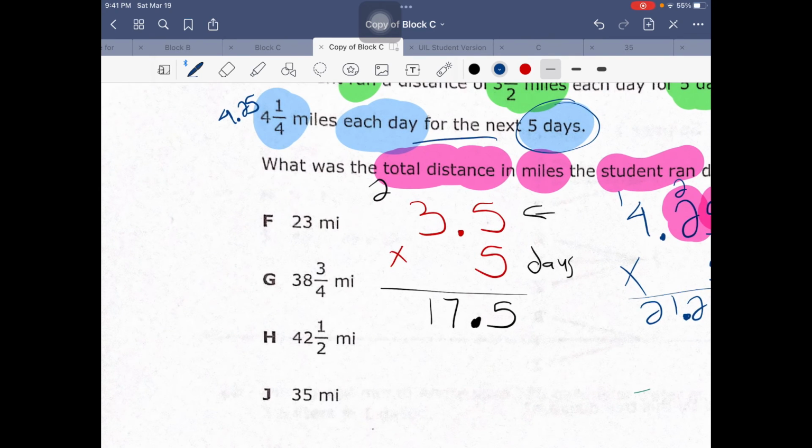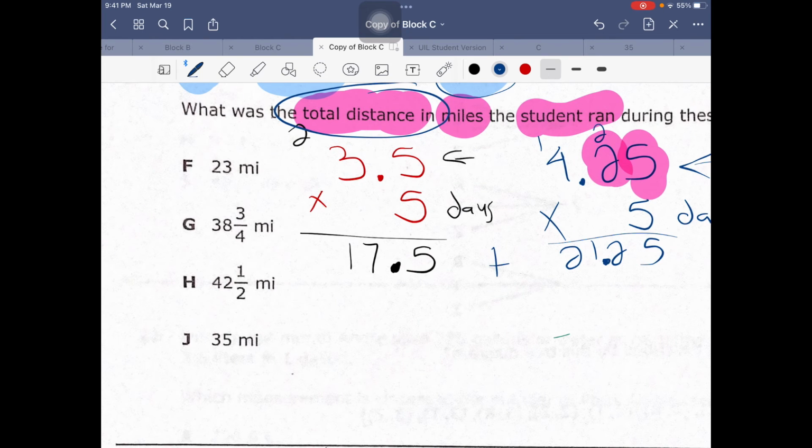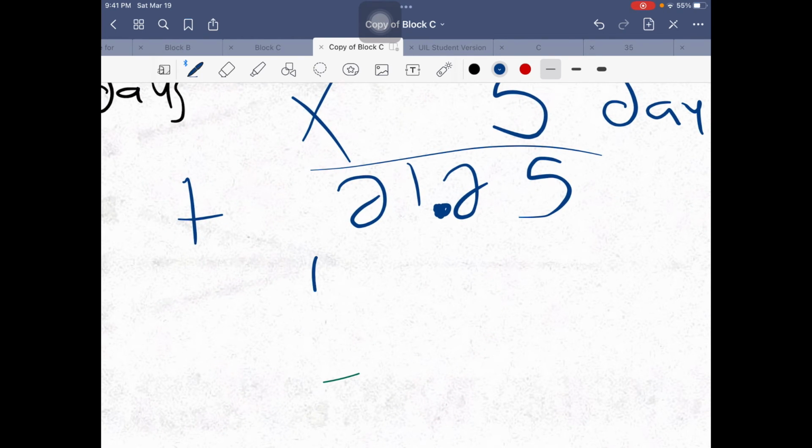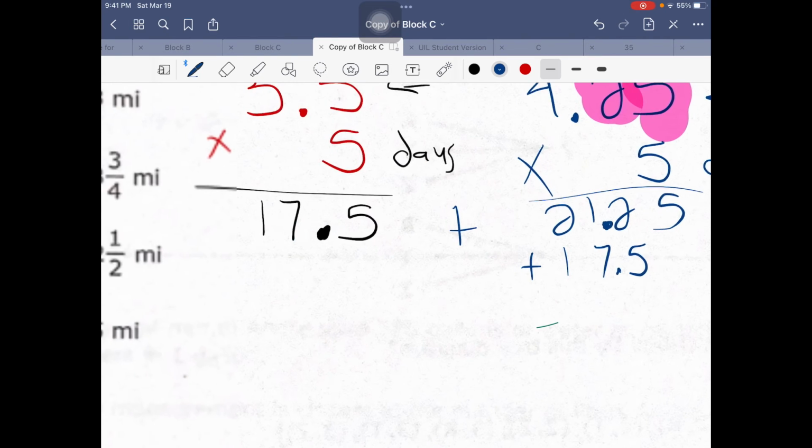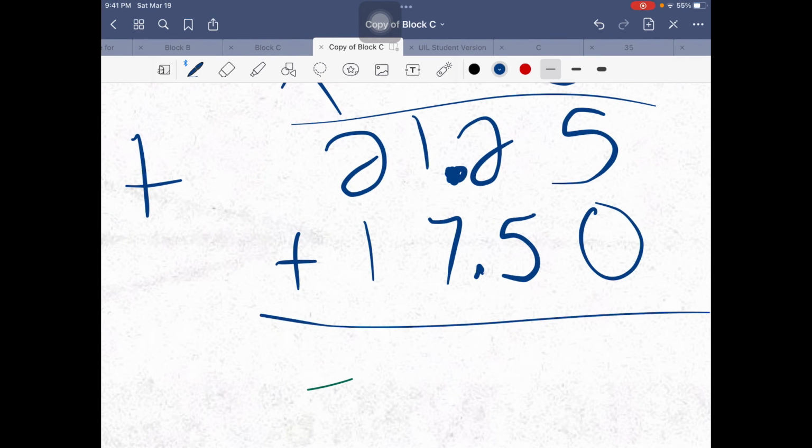And since we're trying to find the total distance, we're going to have to combine these two. Plus 17.5. And you add a 0. 5 plus 0, 5. 5 plus 2, 7. Decimal, 1 plus 7, 8.